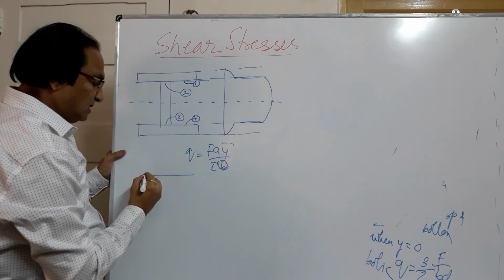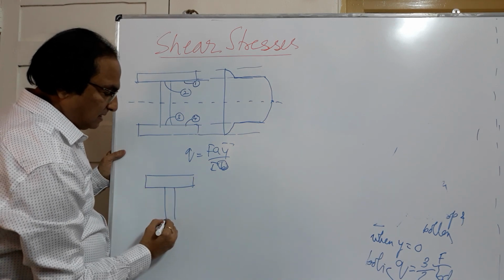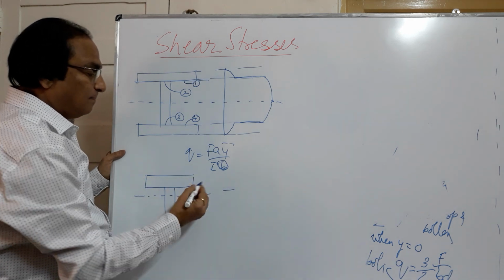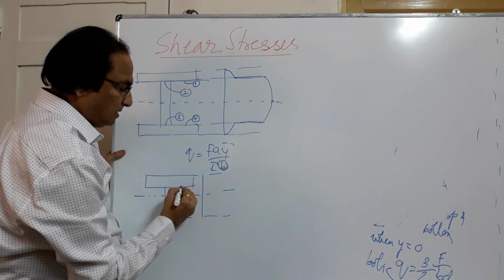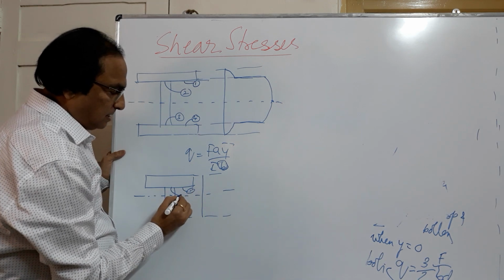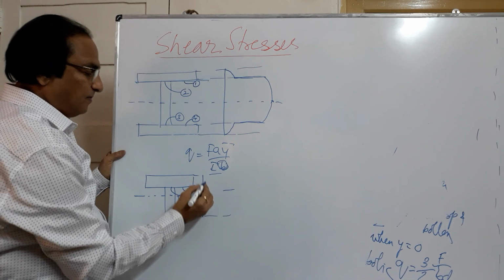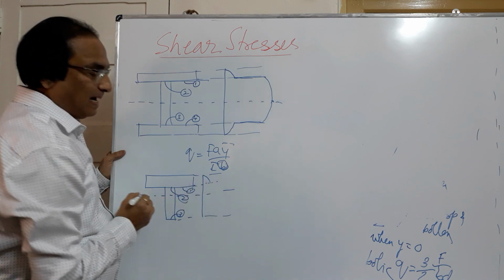Suppose it is a T section, just a hint for you on how you get the bending stress diagram. This is the neutral axis, it will be toward the upper side. So this is the shear stress diagram, this is level 1, this is level 2, and this is level 3. Now this will be parabolic.